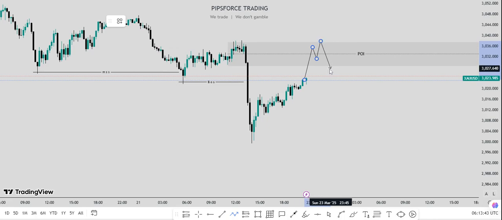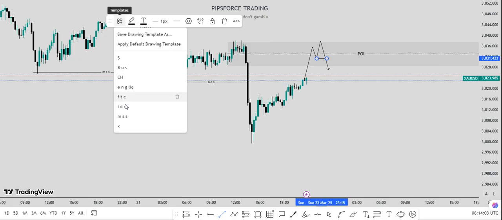If you have a market structure shift here, it is a signal for price to reverse lower, to go bearish.